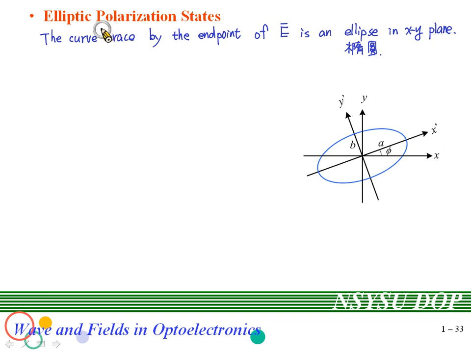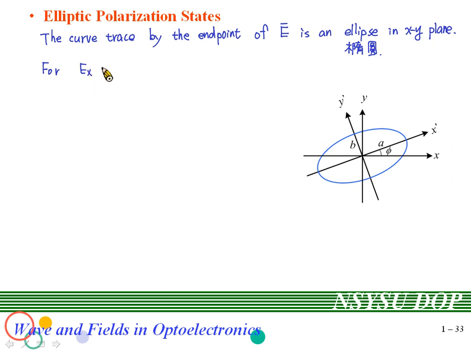For such kind of polarization, the curved trace formed by the endpoint of the E field will be an ellipse in the xy plane. And we can write down the general form of the Ex component and the Ey component like this.